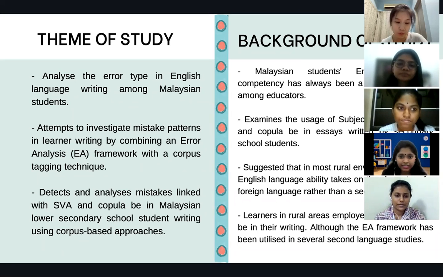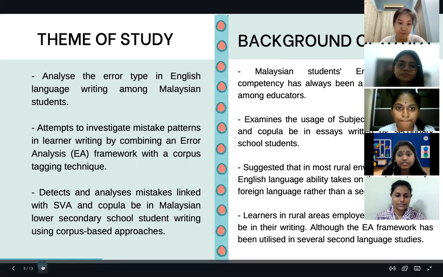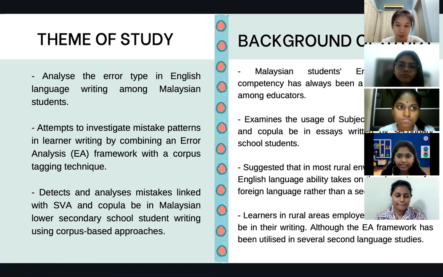For the background of the study, the problem of Malaysian students' English language competence has always been a source of debate among educators. This research paper examines the use of subject-verb agreement issues and Copula BE in essay writing by secondary school students, where English is taught as a second language in elementary and secondary schools.